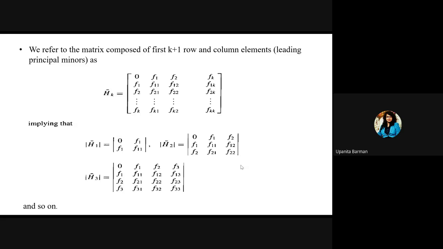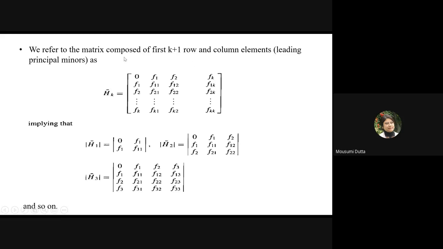But ma'am, one thing I wanted to understand is the k plus 1th row and column elements. In the first line it was written, we refer to the matrix composed of the first k plus 1th row and column elements.